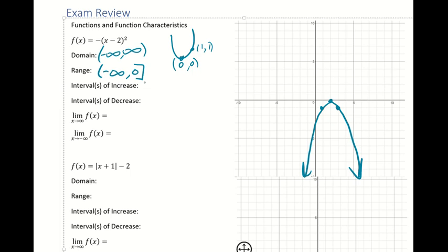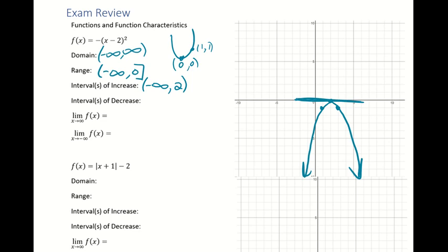We're looking at x. So it's increasing from negative infinity to 2. We do not include 2 because at 2, that tangent line has a slope of 0, which is not positive, not negative. So it is not increasing or decreasing at that maximum value. So our intervals of decrease then, we start at 2 and go to infinity.